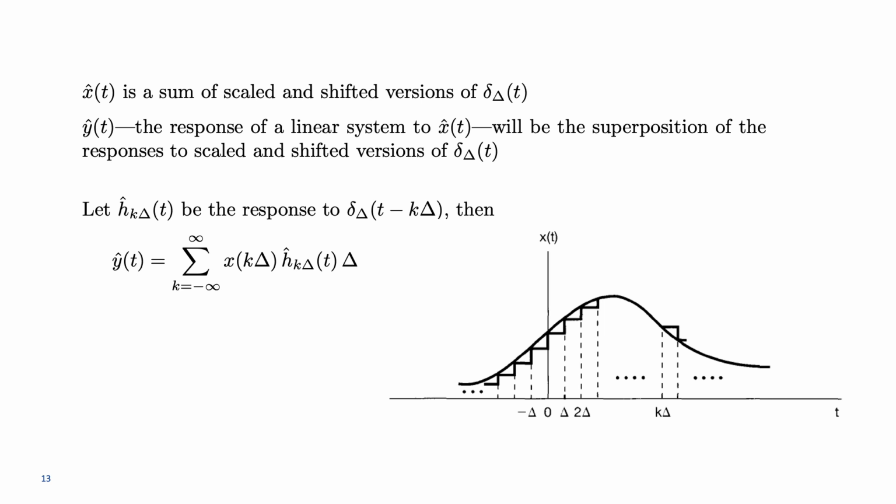Then for linearity, we can construct the output y hat of t as the sum of the same coefficients x of k delta and also another delta that multiplies times h hat k delta of t. So we can construct the response y hat as a linear combination of the responses to each of these impulses. And the responses to each of these impulses are h hat k delta of t.